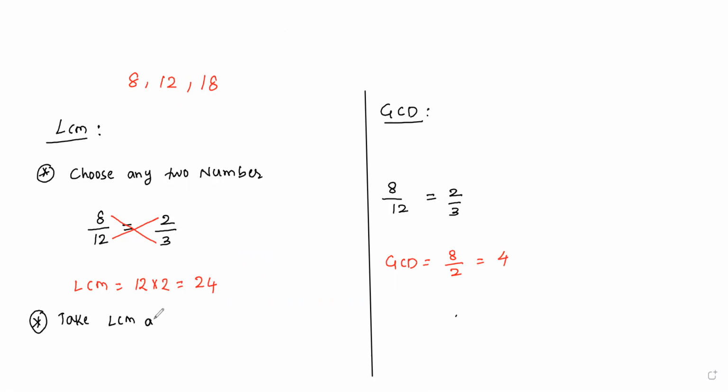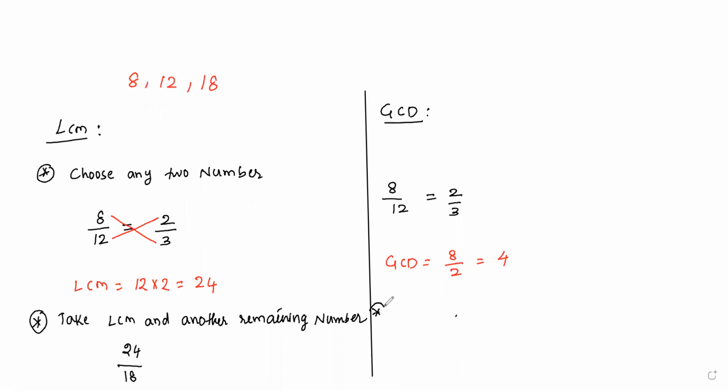After that, take the LCM and another remaining number. So I'm taking 24 here, and another number. What is left here? 18 is left, so I'm taking that one.